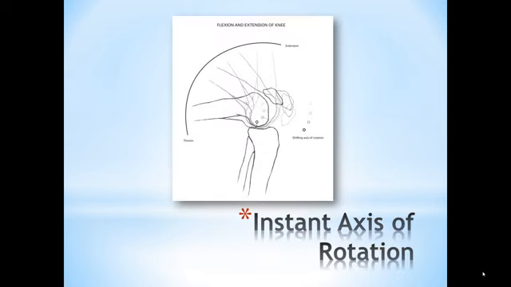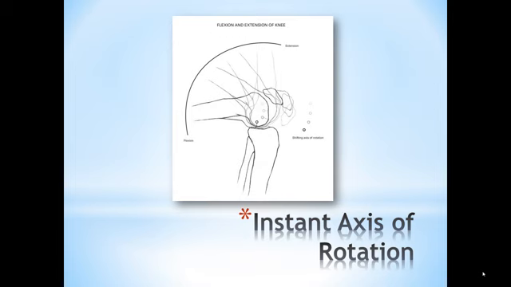So the instant axis of rotation. This is an interesting concept in that at any point in time through the range of motion, there's an axis of rotation for that point in the motion.